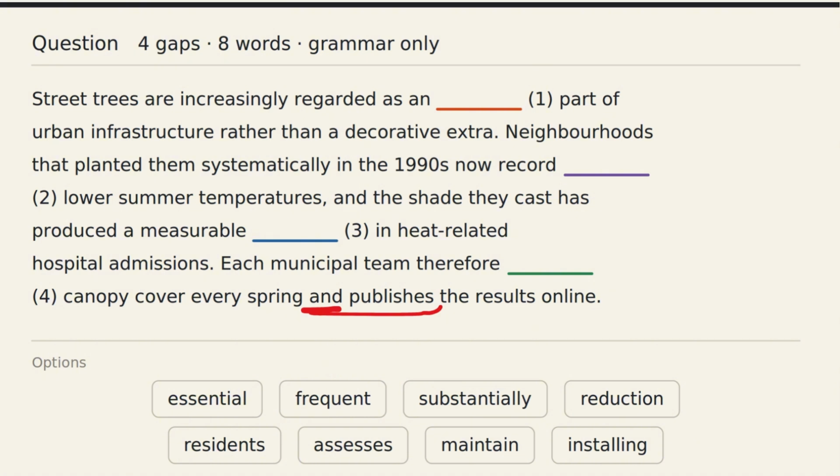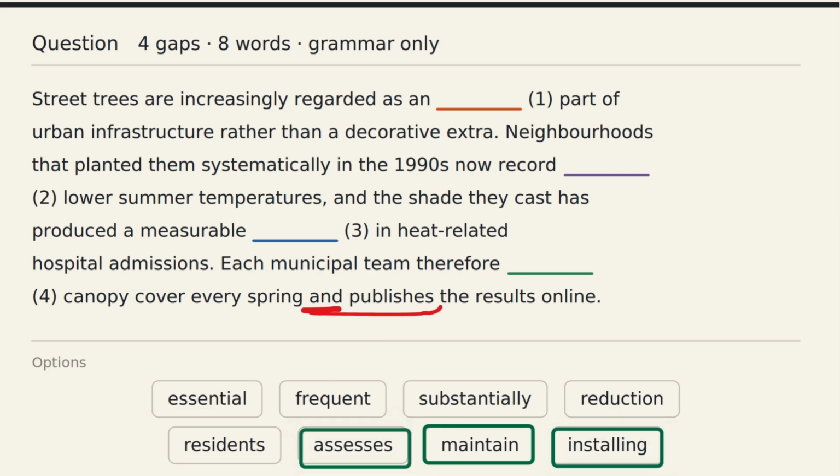Our options are maintain, installing, maintains. Maintain, base verb, wrong. Installing, no helping verb, wrong. So the answer is maintains. And look at that. The sentence basically gave us the answer. It told us the form we needed. That's why I always say, when you see and near a gap, look across it. All right?